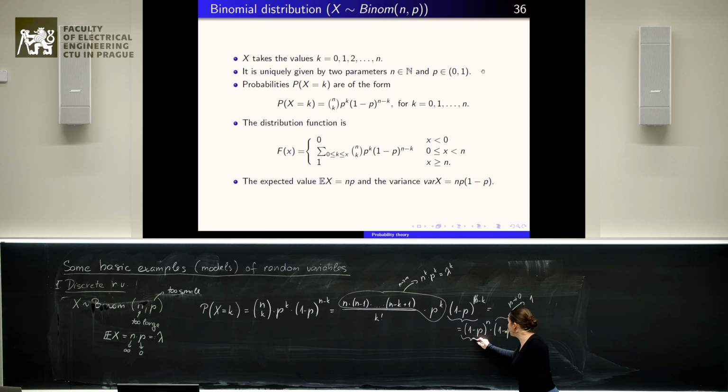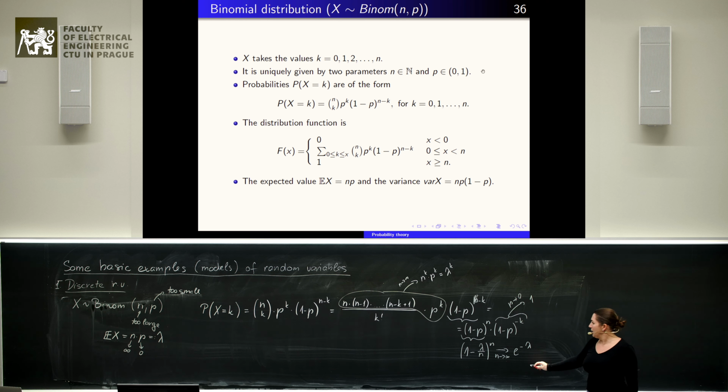The most difficult situation is here. This is, in fact, 1 minus lambda over n powered by n. And if you remember, the limit of this term is e powered by minus lambda.